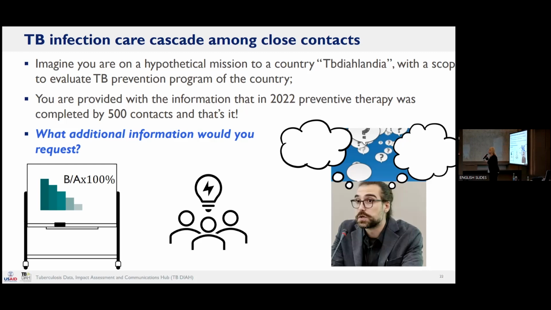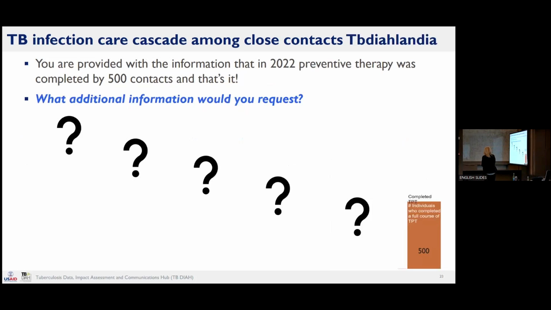So we requested some information, and that is what we were provided. We should request some additional information. So what additional information should be requested?